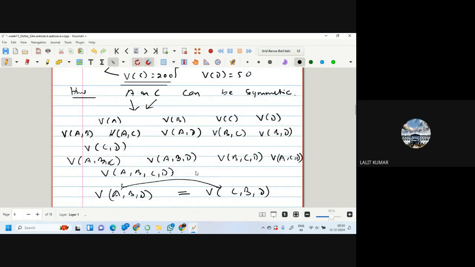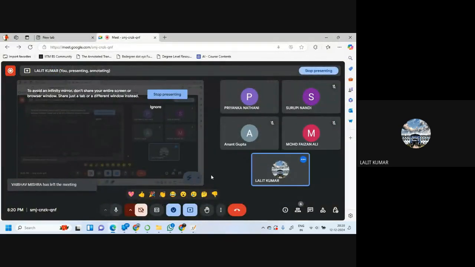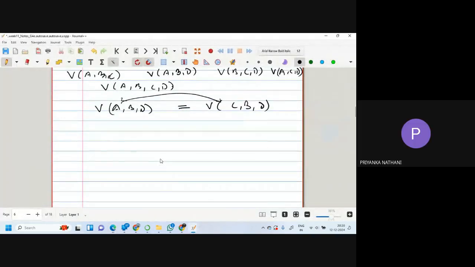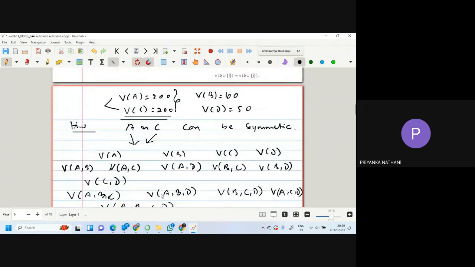Any doubt about this? Anybody? Anant, any doubt in this? No, you don't have to compare anything, because if the value is the same, that means they'll be symmetric. No, because when they are doing the collision, these values might be different.